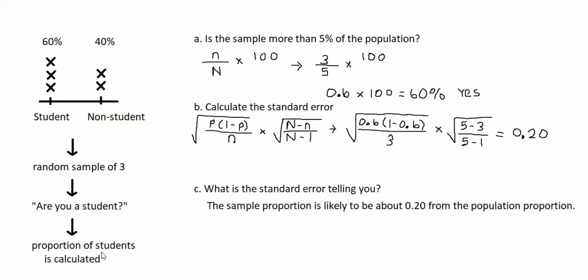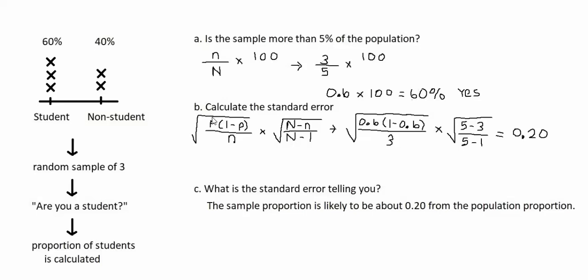So the population proportion that's being estimated is 60%. So that's going to be our P over here. That's our population proportion, 60%. Basically, in this situation, the person who's taking the sample is focusing on students rather than non-students. So that's why the population proportion is 60% and not the 40%.